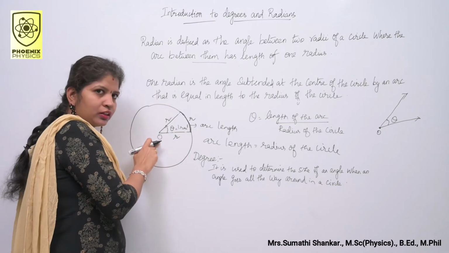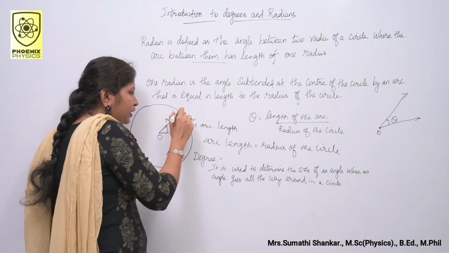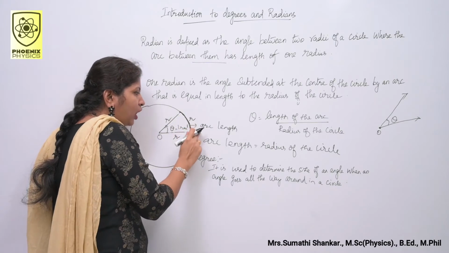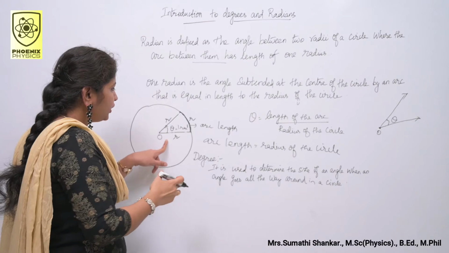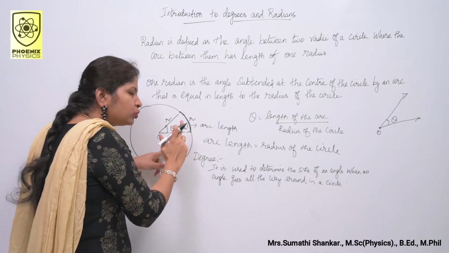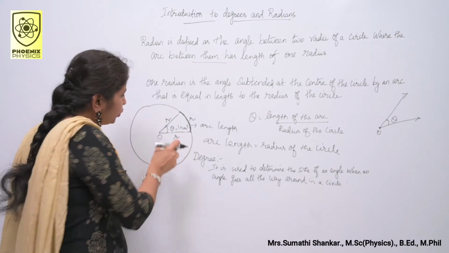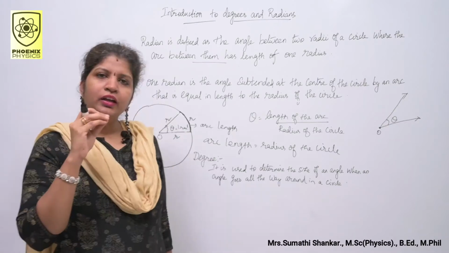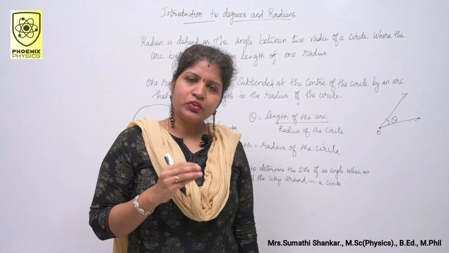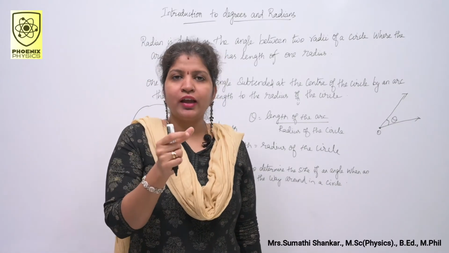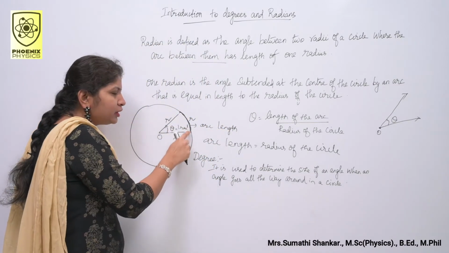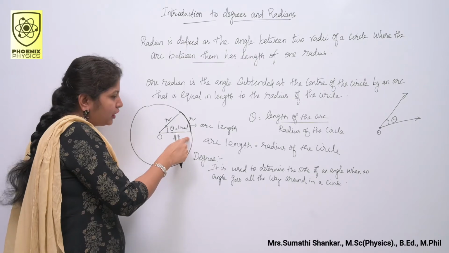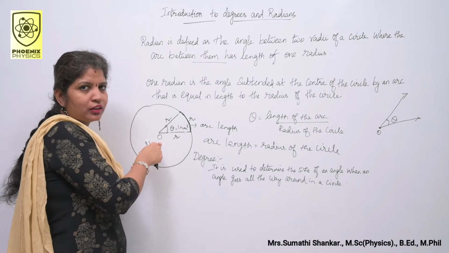The center of the circle is O. Here this portion is called arc length. It's nothing but radius of the circle. Here the arc length should be equal to the radius of the circle. Radian describes the planar angle subtended by the circular arc at the center of the circle.